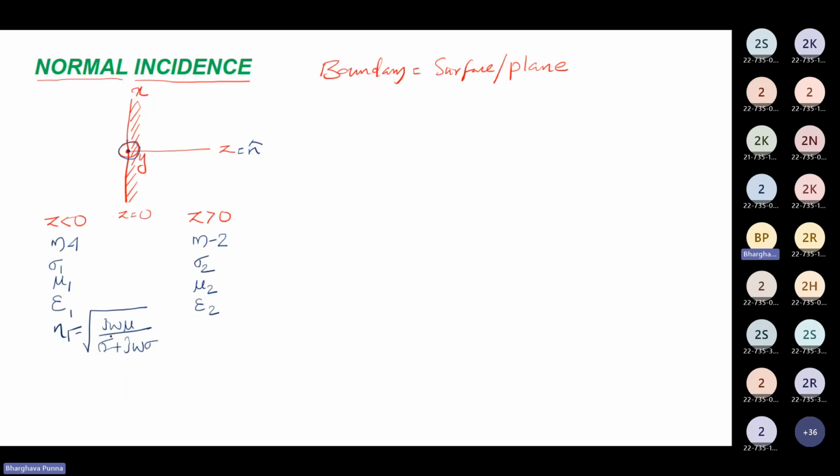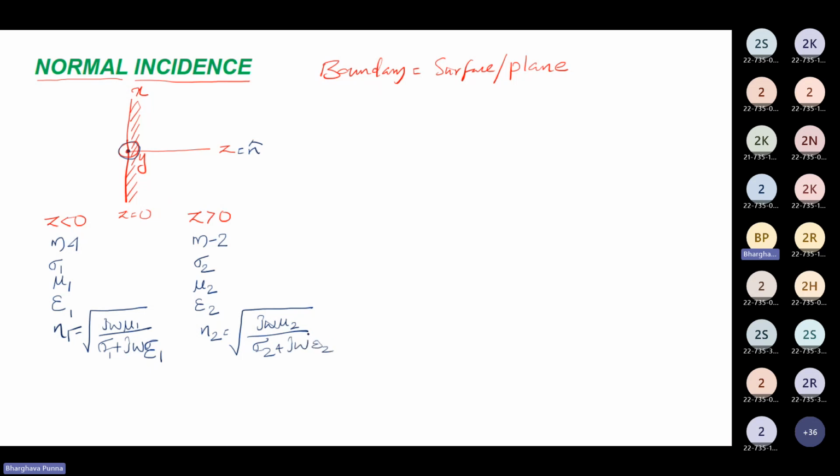As we are working with medium 1, I am taking mu 1, sigma 1, and epsilon 1. Similarly, you can write the equation for eta 2 also, that is, the square root of j omega mu 2 by sigma 2 plus j omega epsilon 2.